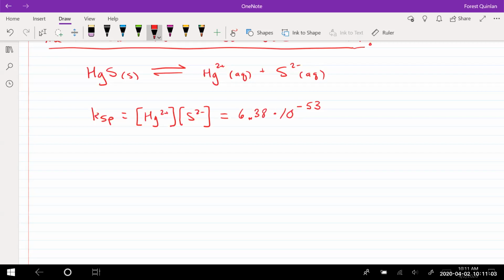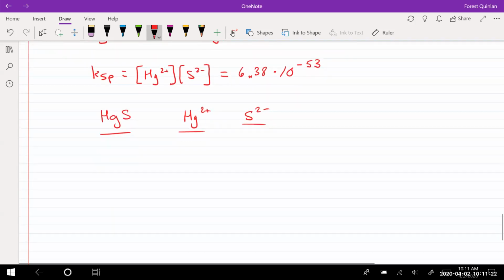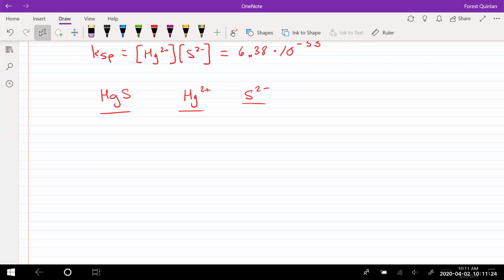So check this out. Let's set up a little ICE table for this: HgS, Hg2 plus, and S2 minus. Mercury sulfide red or mercury sulfide black?